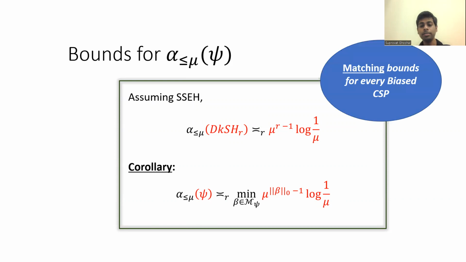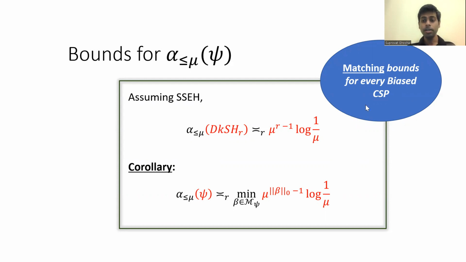This explicit expression is the sum total contribution of the various parts that we saw throughout our talk: the coarse characterization, the finer characterization, the explicit bounds for the Densest-k-SubHypergraph problem. So all these things taken together imply this bound for the bias approximation curve for any predicate.